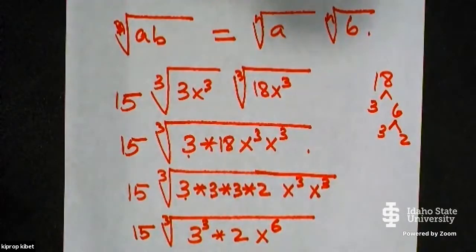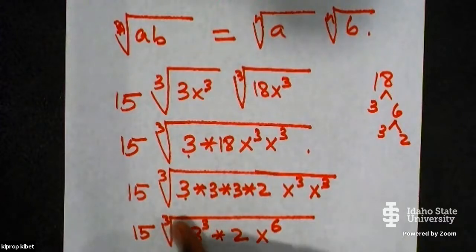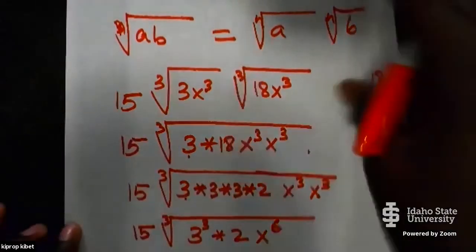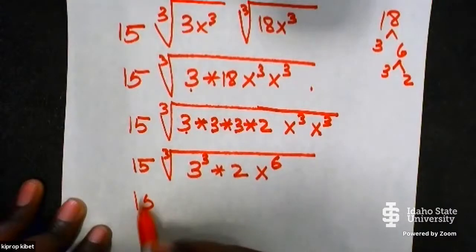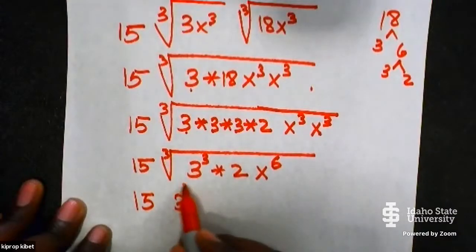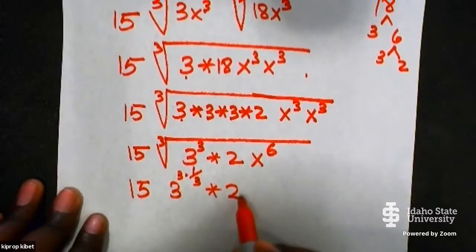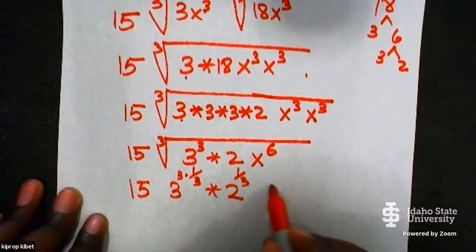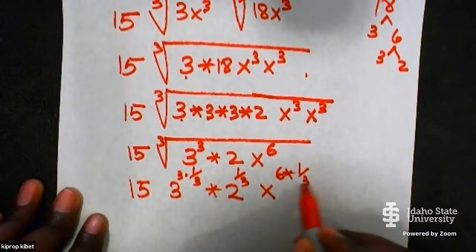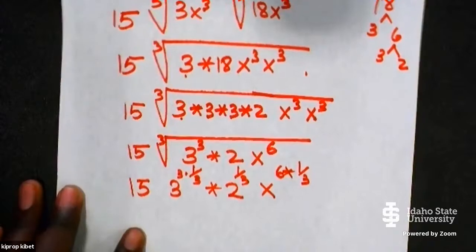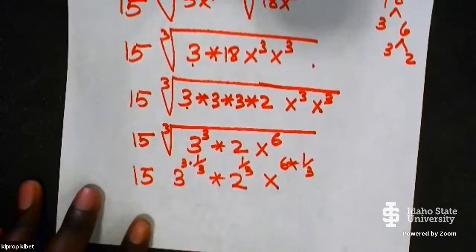So we have 6 there. Now, distributing the power there, then what do you get? So when you multiply everywhere by 1 over 3, 3 times 3 times 1 over 3 times 2 raised to 1 over 3 times x raised to 6 times 1 all over 3. Okay.